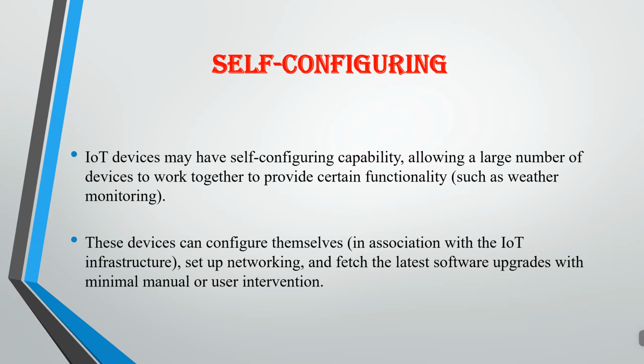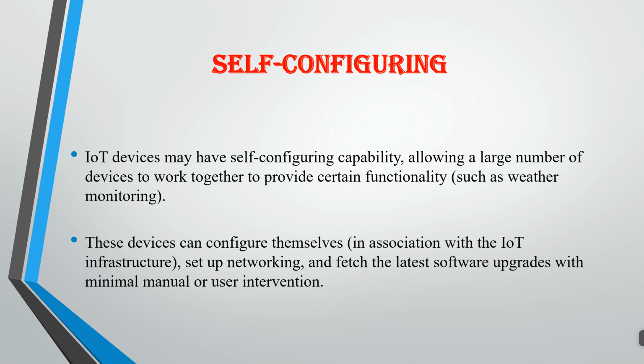Otherwise, with human intervention, he finds it very difficult to configure because a lot of activities are required, and every now and then he doesn't find it easy to configure. So today, all the IoT devices have a capability of self-configuring whenever they are connected to the internet, to any system, or to any storage locations.